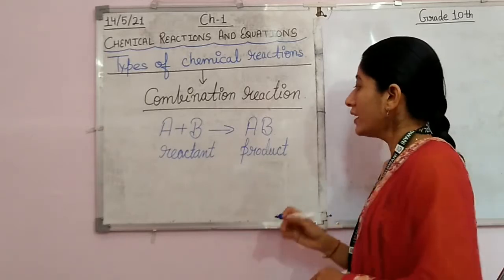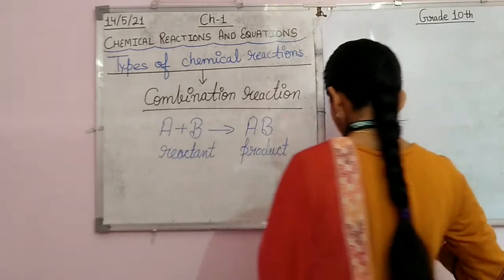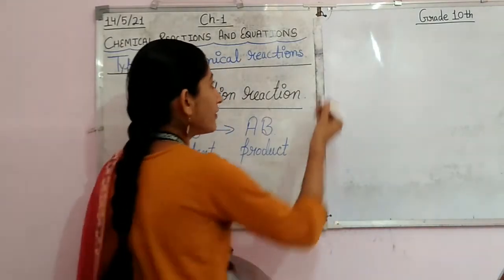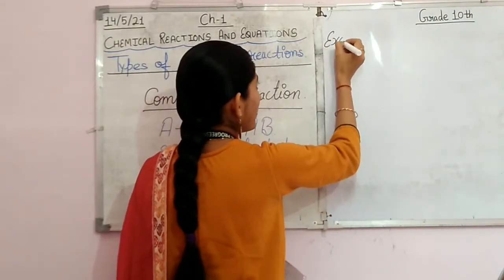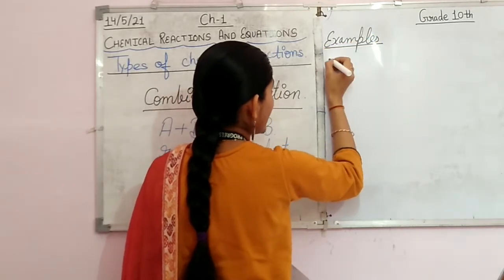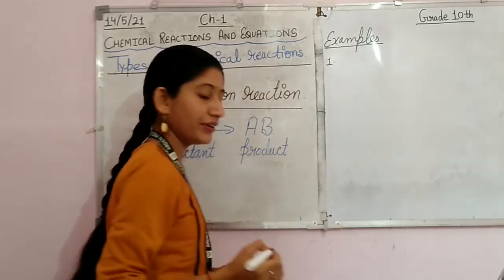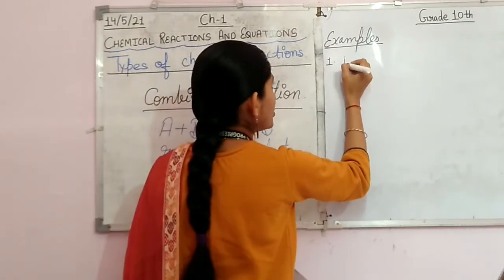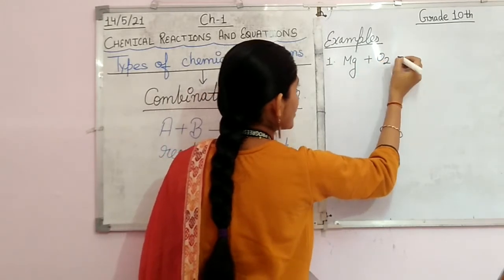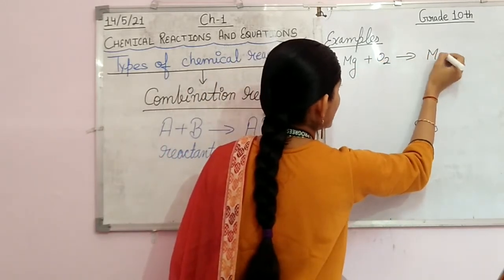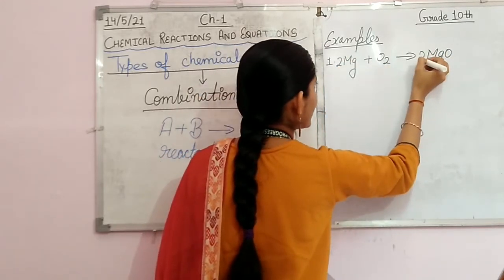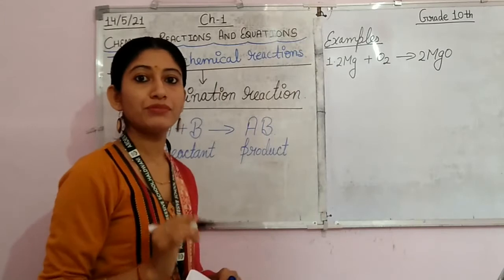If we notice the examples, suppose we have Mg plus O2, which changes into MgO, or you can say 2Mg plus O2 changes into 2MgO.